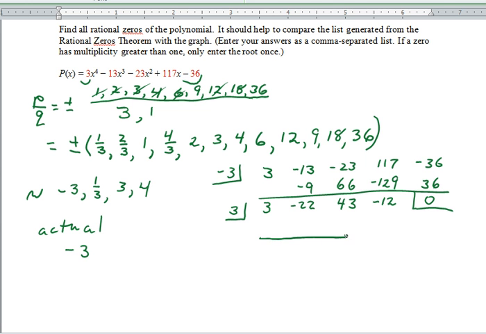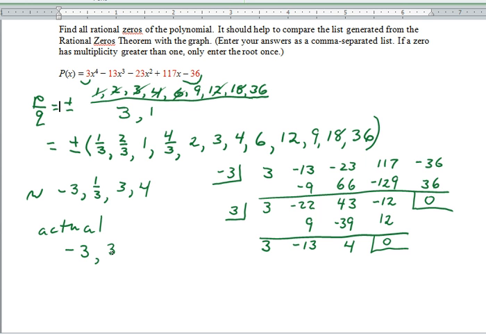So 3 will be the leading coefficient in the quotient. 3 times 3 is 9. 9 plus -12 is -3... 9 plus -12 is -13 as we continue: 3 times -13 is -39. 43 plus -39 is 4. 4 times 3 is 12. -12 plus 12 is 0. So we can add 3 to the actual zeros.